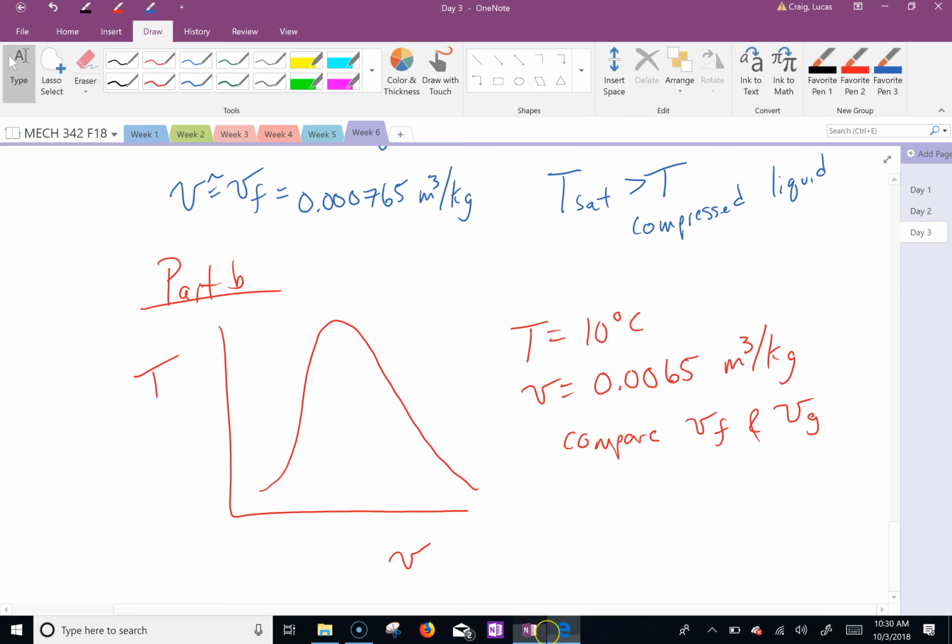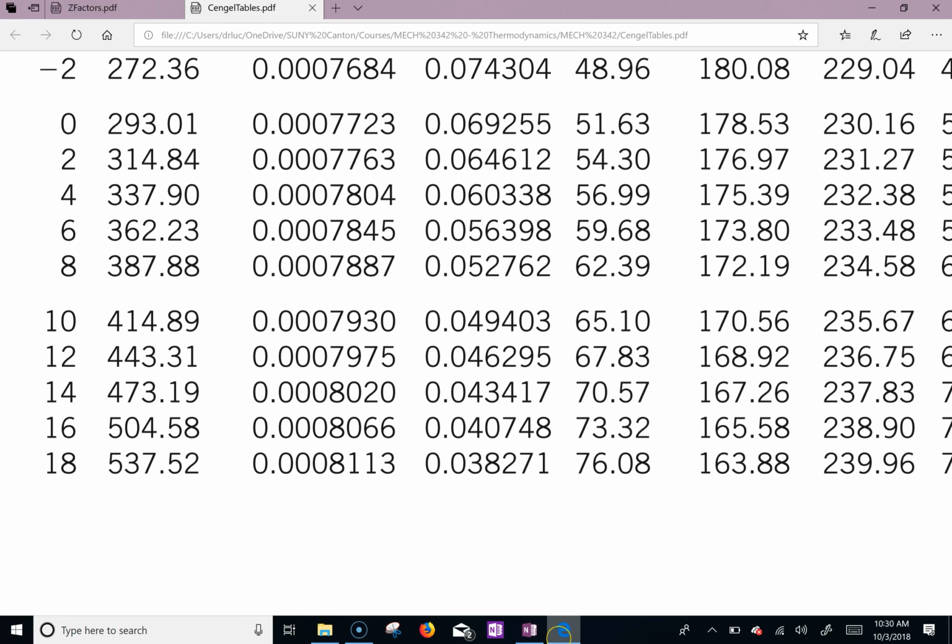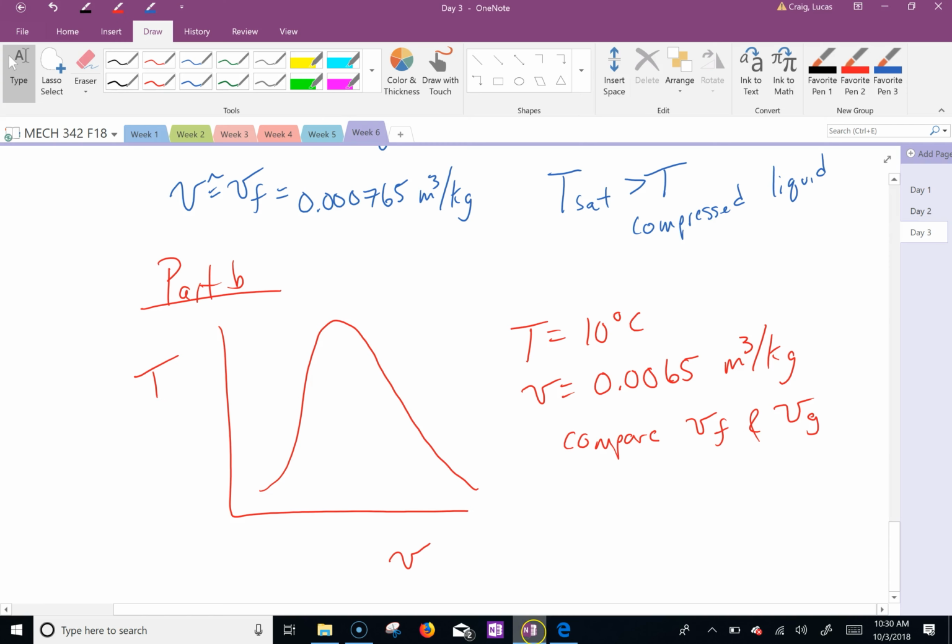Did I write 2 zeros? Yeah, okay, I thought there was 3 zeros. So at 10 degrees, this is VF, so there's 3 zeros. And then this is only 1 0, so just as a quick reference, we're in between. We're a mixture.